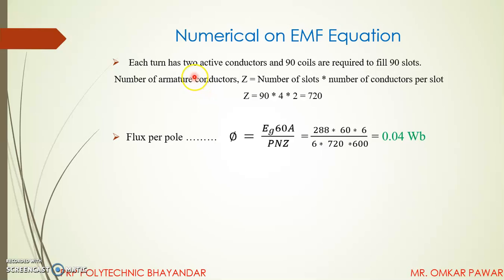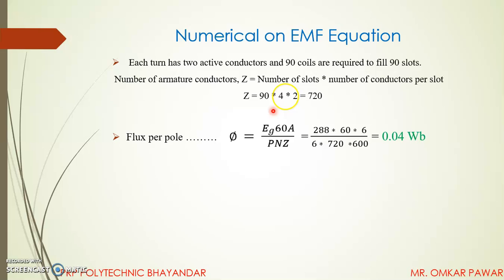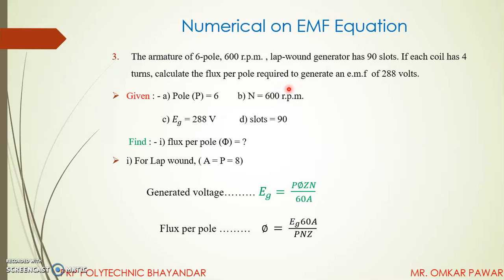Each turn has two active conductors, and 90 coils are required to fill 90 slots. So the number of armature conductors is number of slots into number of conductors per slot. The number of slots is already given, that is 90 slots, and also given, each coil has 4 turns.